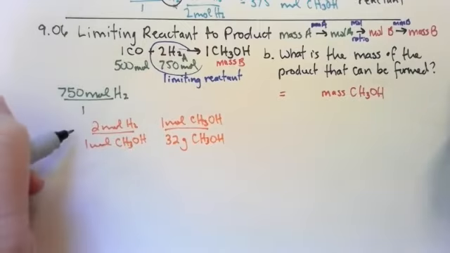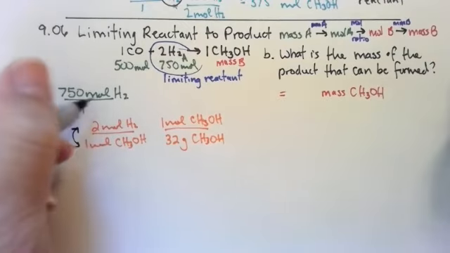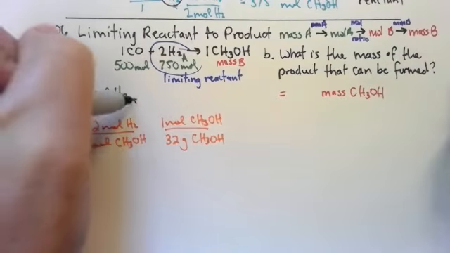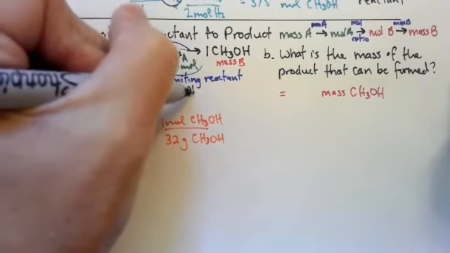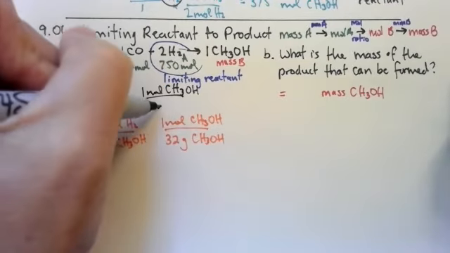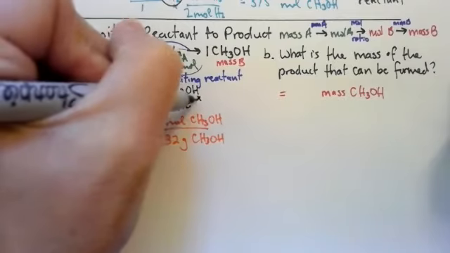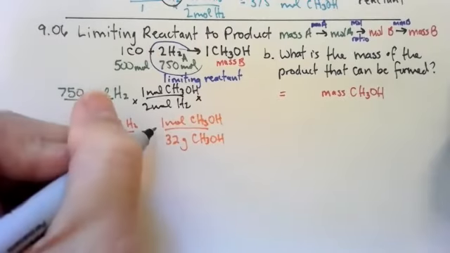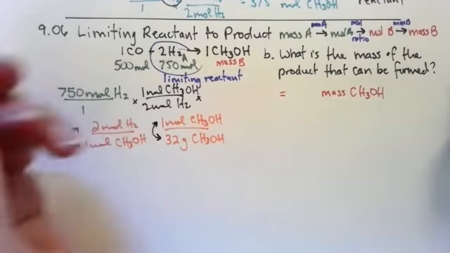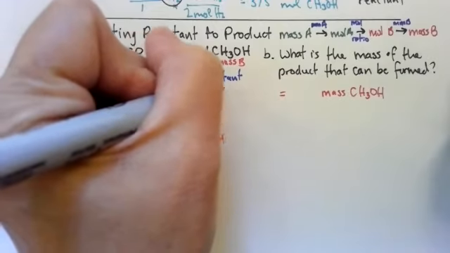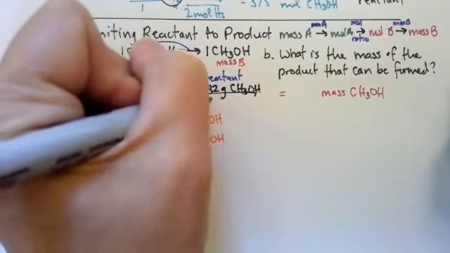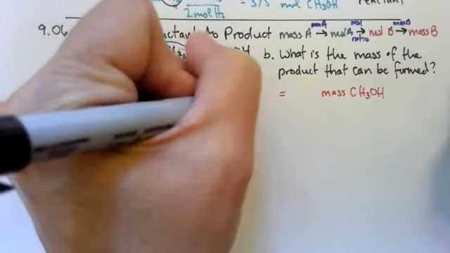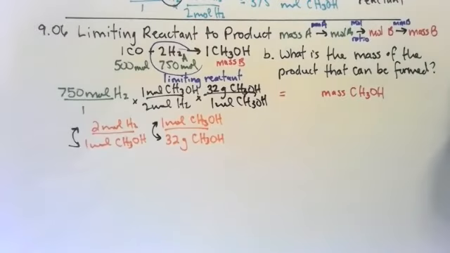Now I can insert my conversion factors. This has to be flipped because I have moles of hydrogen on the top, so I need moles of hydrogen on the bottom. So I go 1 mole CH3OH over 2 moles of hydrogen. I've got moles of methanol on the top, so this is also going to have to be flipped. And I have 32 grams CH3OH over 1 mole CH3OH.